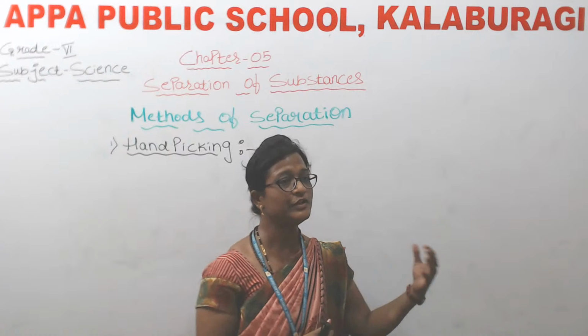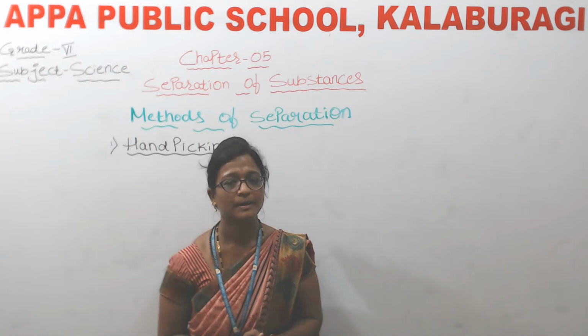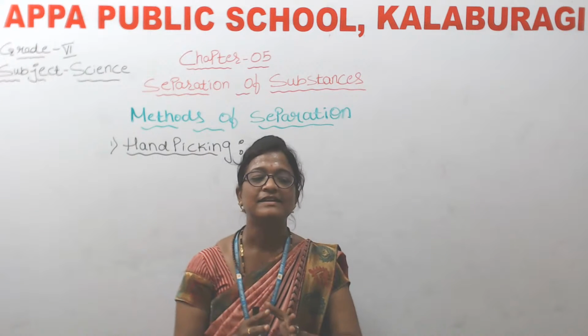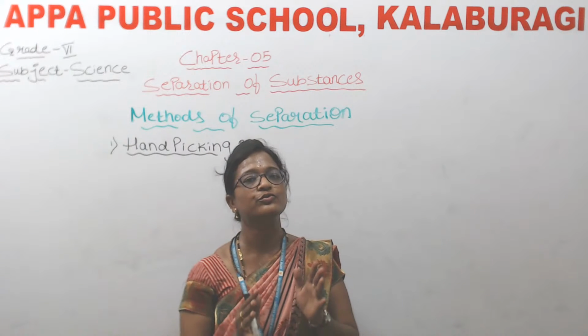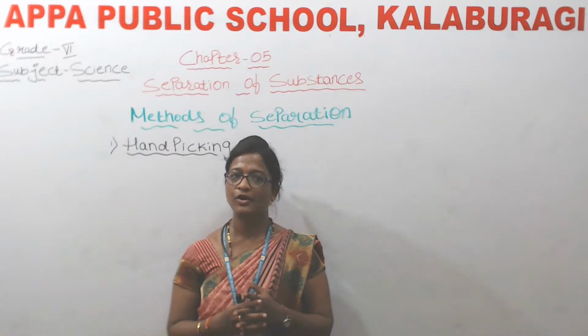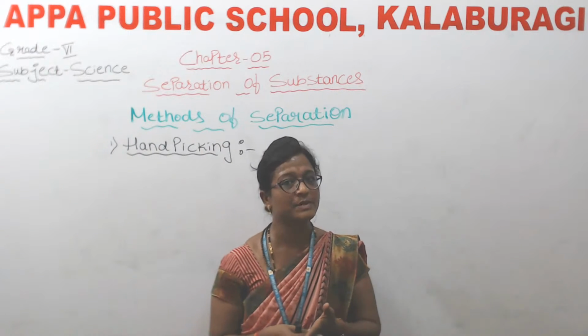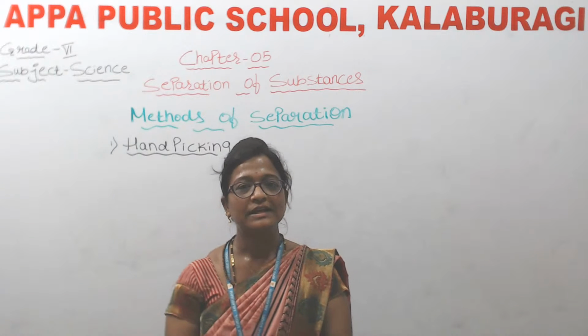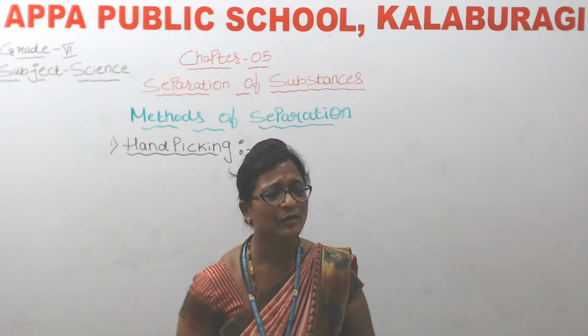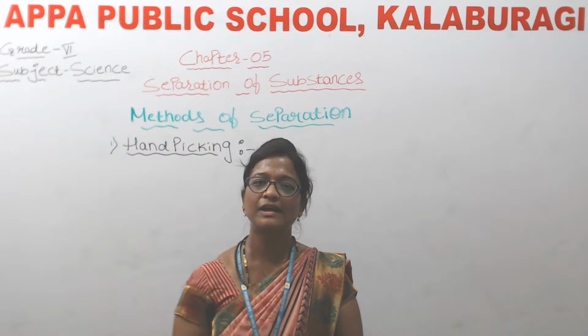The answer is no. We cannot use those grains or pulses directly to cook because some impurities may be present in them. Now you all might be thinking, what are the impurities which are present in the grains and pulses?